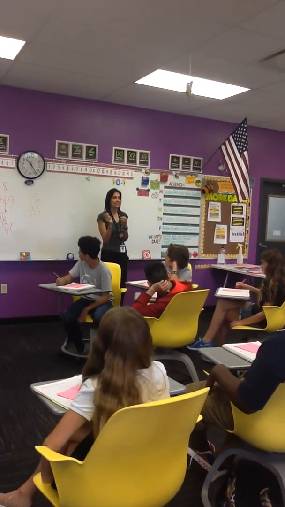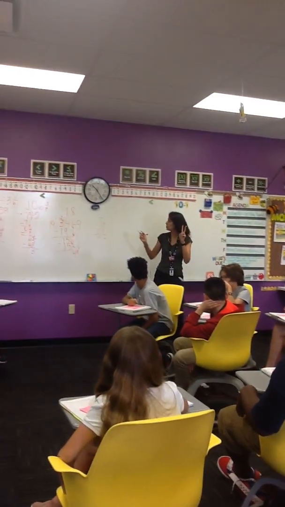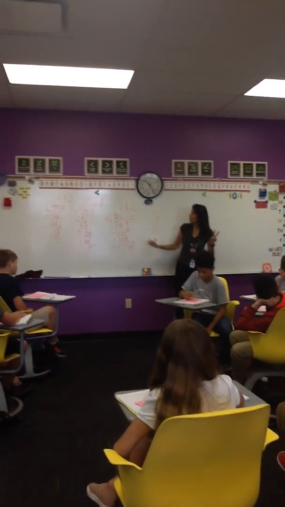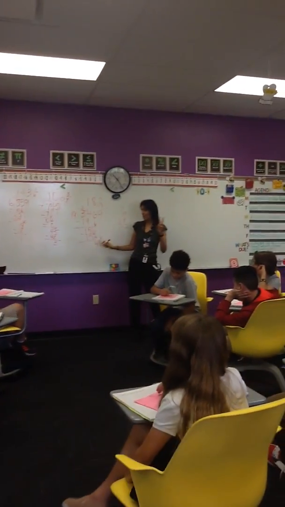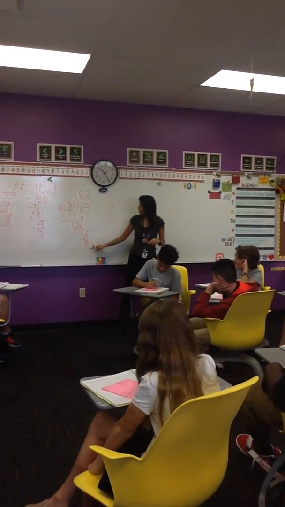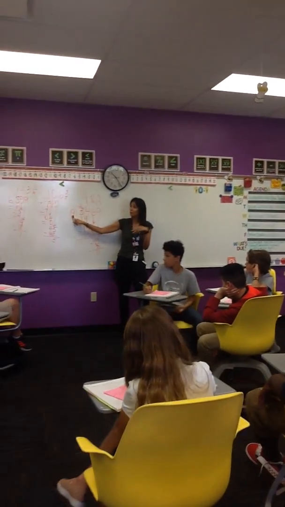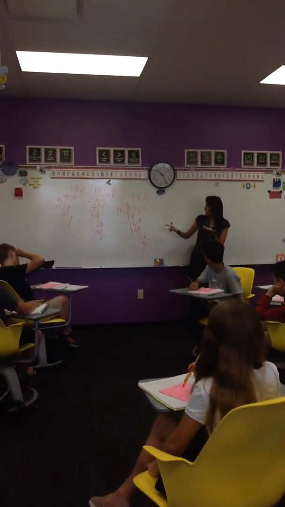And 19 will go into 49 twice. 2 times. Because 19 times 2 is 38. And then we have 11 left over. He is smaller than my divisor, so time to make him a fraction.